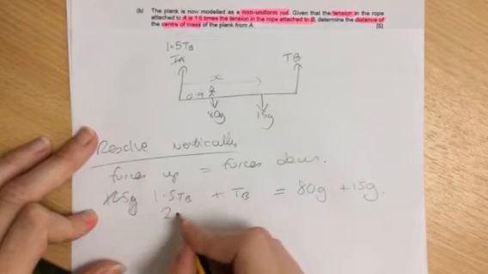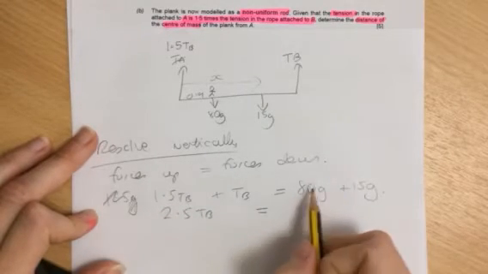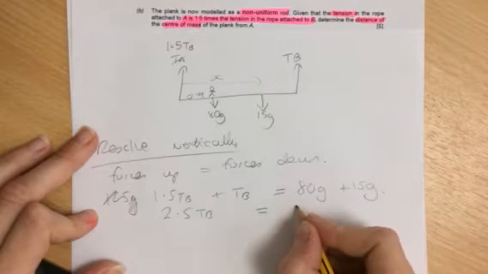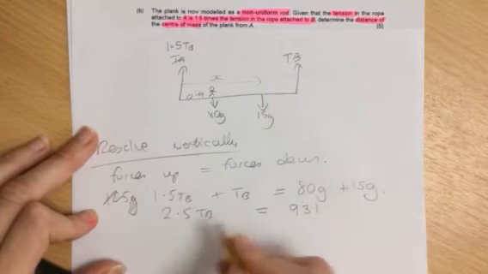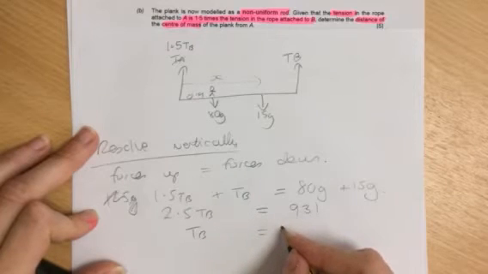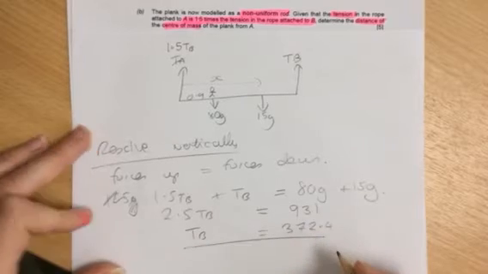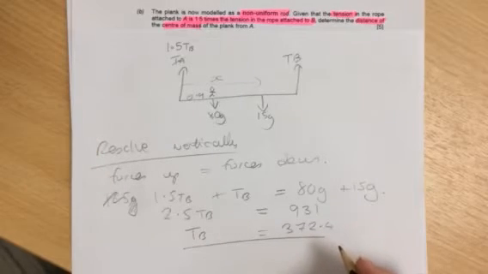Collecting these up, we've got 2.5 TB. Collect those two up will give us 931. So to get TB, divide by 2.5, and that's going to give us 372.5. So we found the tension at B, but that's not what the question is asking us to do.